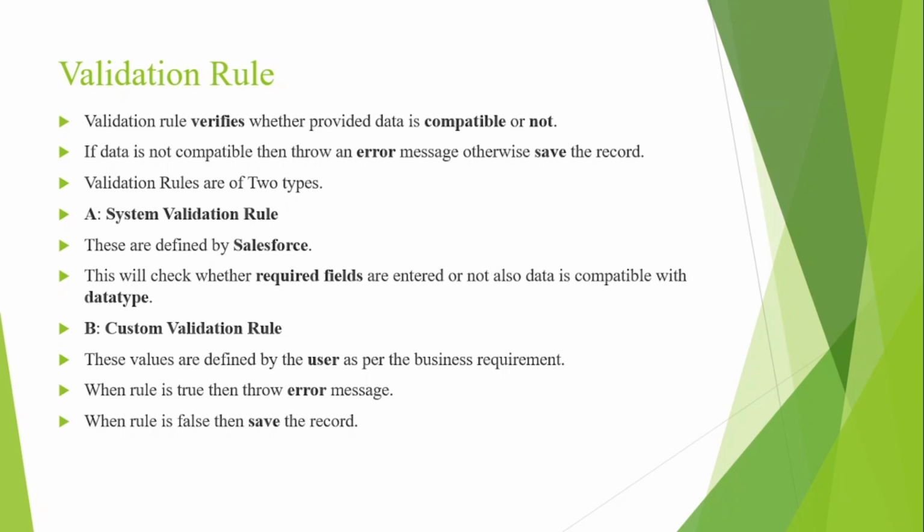They check whether required fields are entered or not, meaning if there is a required field for an object on the page, whether it is filled or not. They also check whether the data is compatible with the data type, so whether the data type is matching for that field or not.